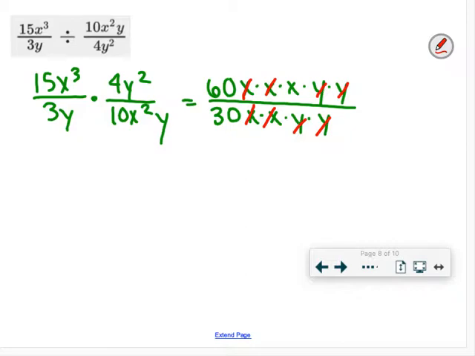Something else can cancel out here. Well, we can reduce it to 20. What was that, Nick? Yep, 60 divided by 30. Or 30 goes into 30 once, into 60 twice. So what is left in my numerator is 2 times x. What is left in my denominator is 1. So 2x over 1 is just 2x.